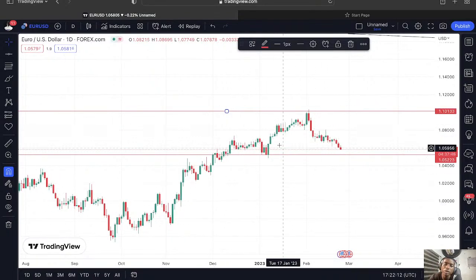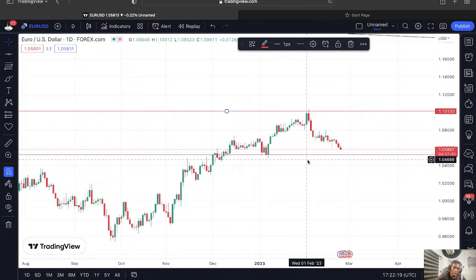So here now is the daily time frame. What do you expect from this current price movement?